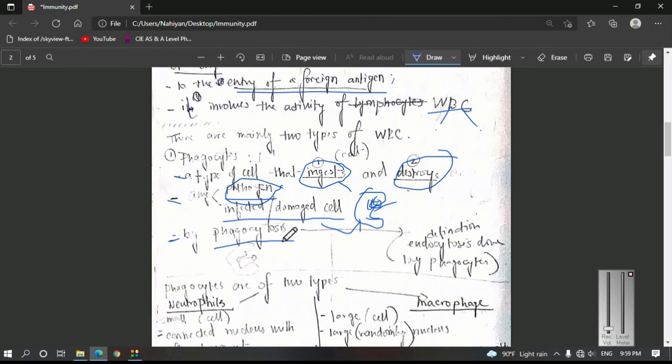Note that if you are asked what is phagocytosis, we learned earlier that endocytosis means bulk transport, taking in large molecules. Phagocytosis is a type of endocytosis. We learned that one type of endocytosis is phagocytosis, and another one is pinocytosis.